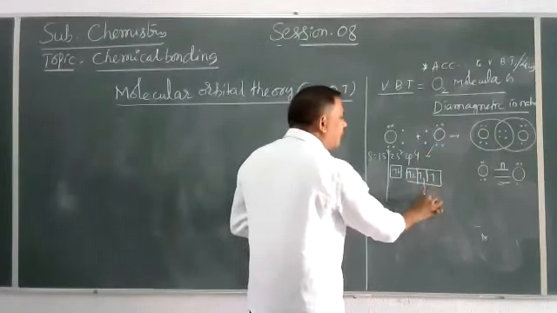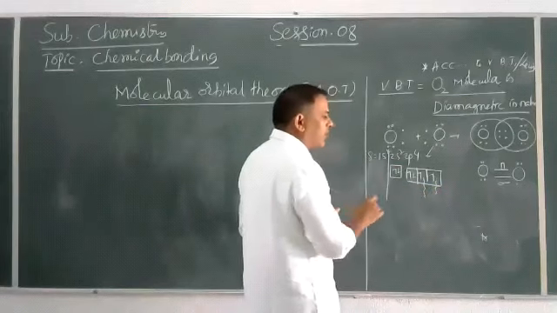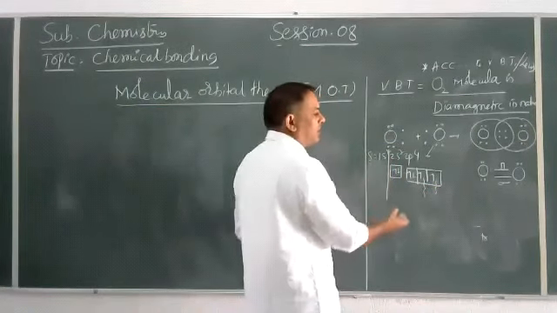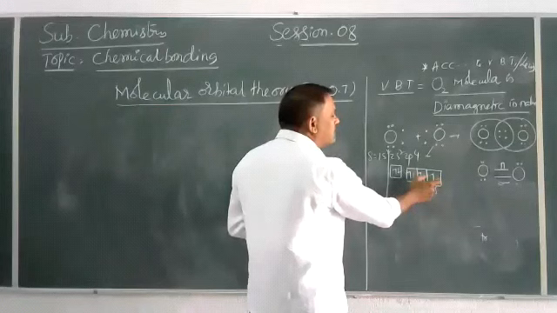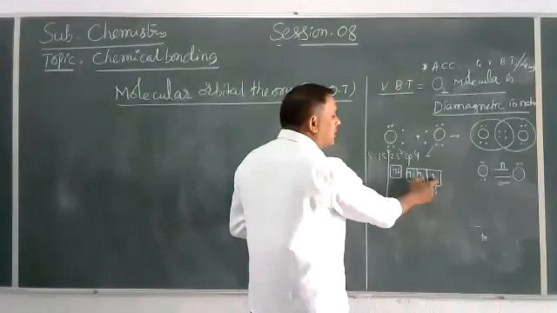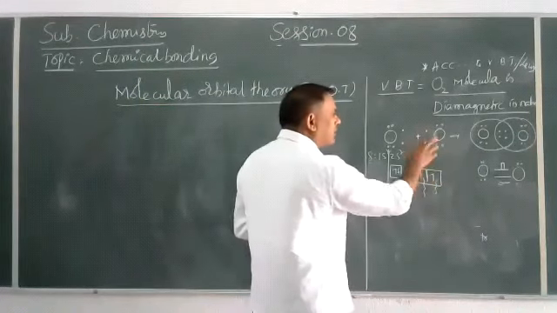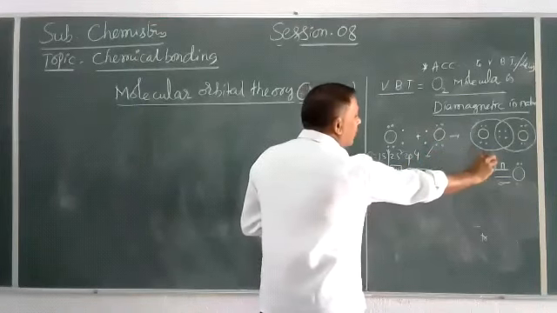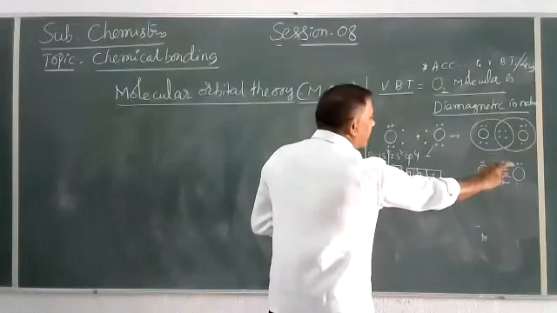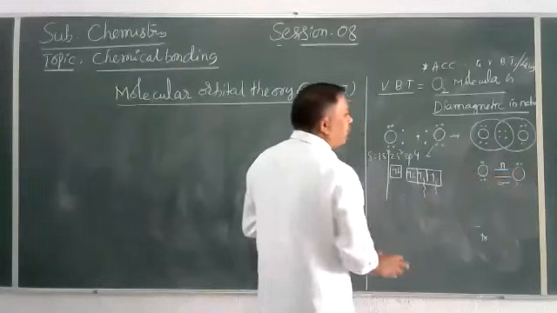These two half-filled valence orbitals are involved in chemical bonding, equally contributed and equally shared, forming a pi covalent bond and a sigma covalent bond.